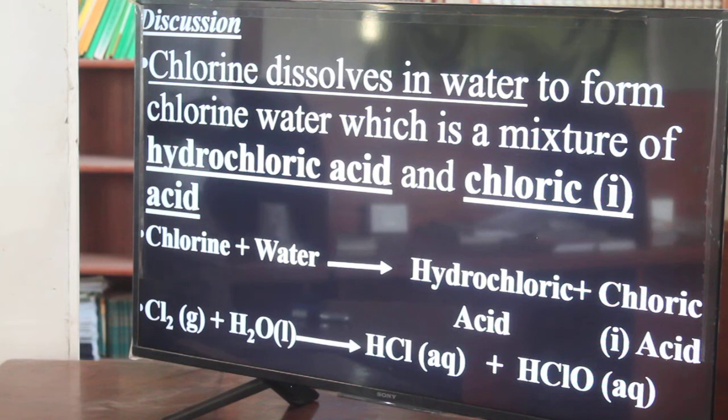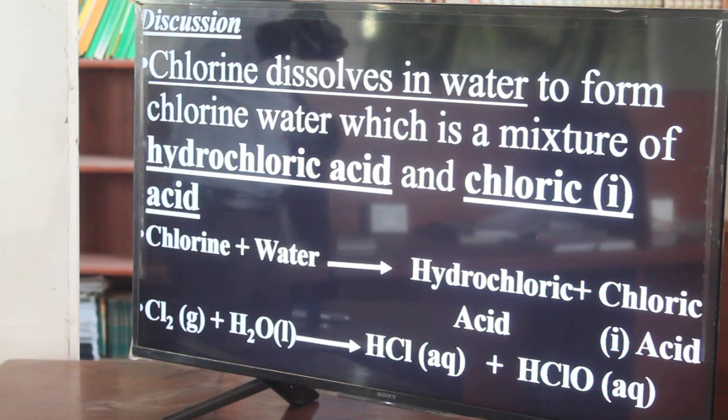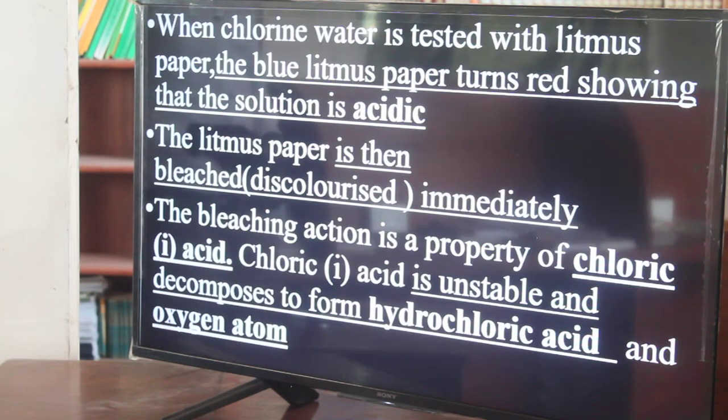The equation is: chlorine plus water gives hydrochloric acid plus hypochlorous acid, or chloric(I) acid.